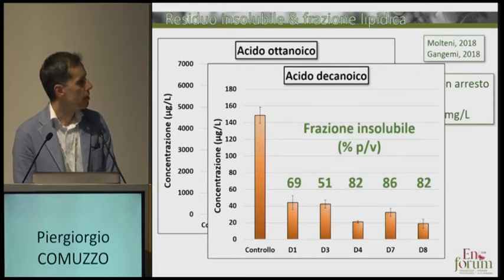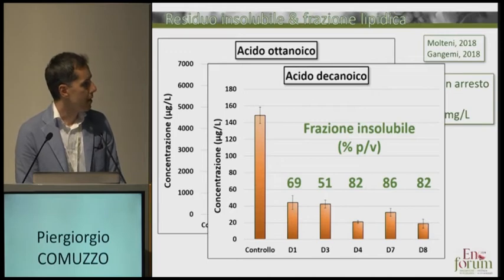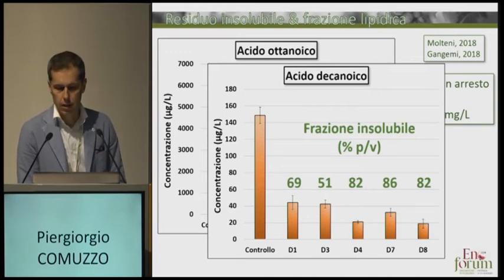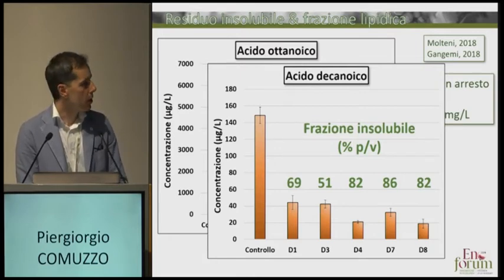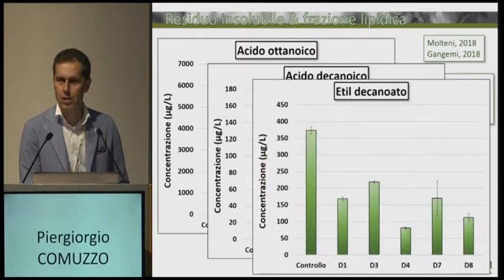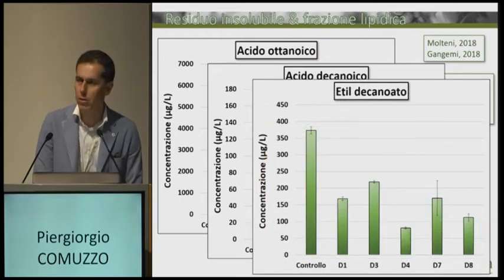Well, D4 and D8 are very active and they feature a higher content of insoluble fraction. D1 and D3 are autolysates, whereas D3 and D4 and D8 are yeast hulls, but esters are also reduced.